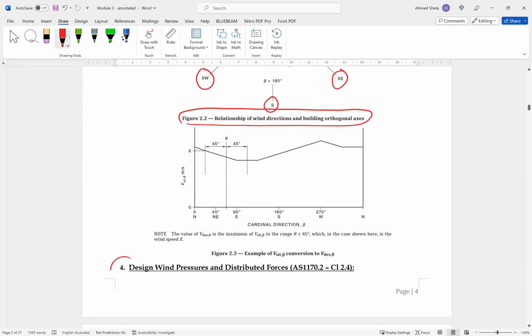The next point we have is the design wind pressures and distributed force. You can find this in clause 2.4 in the Australian standard.